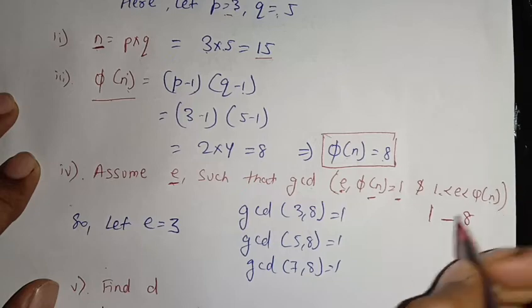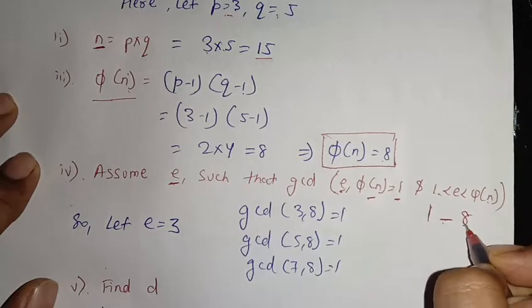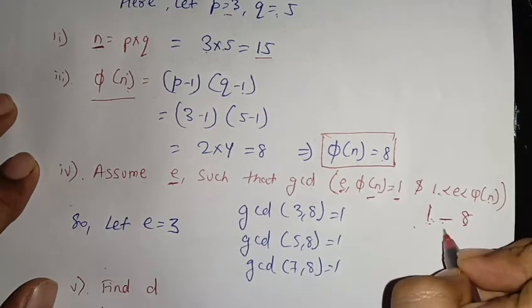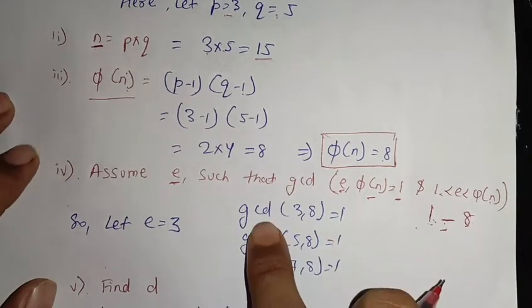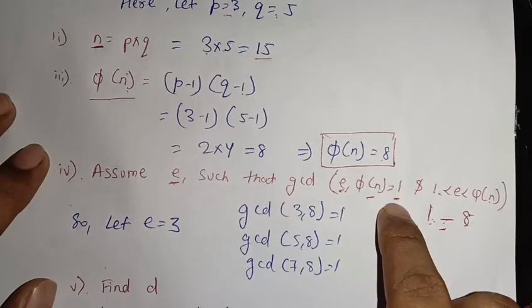It may be 2, 3, 4, 5, 6, 7, but it should not equal or exceed 8, or go below 1. And the condition is that their GCD is 1 only.